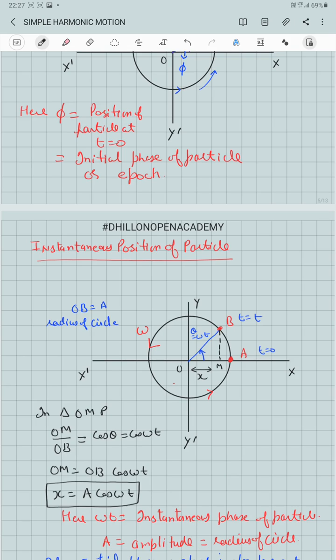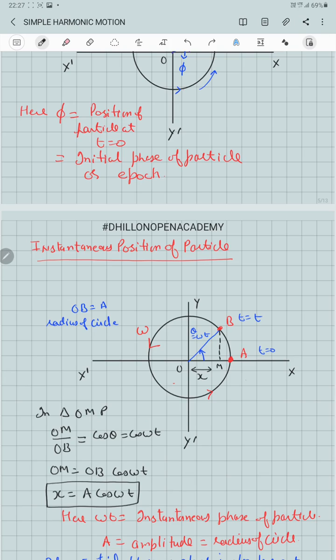So when the particle moves in the anti-clockwise direction from point A to B along the circle, its projection will be moving along the XOX dash axis from point A towards X dash.